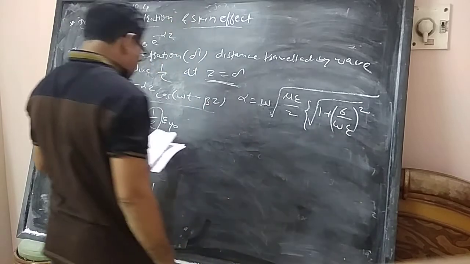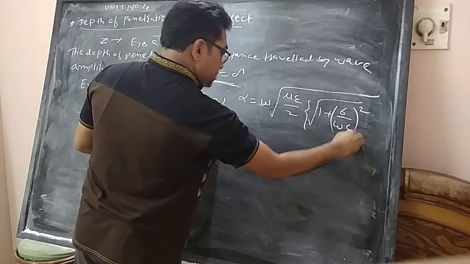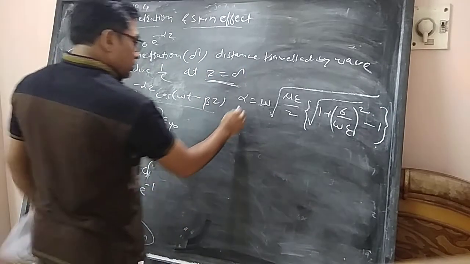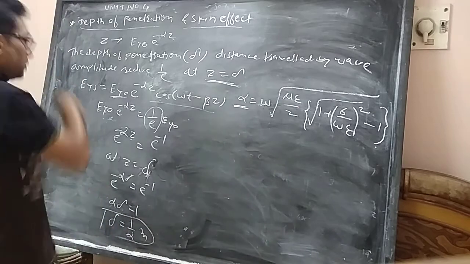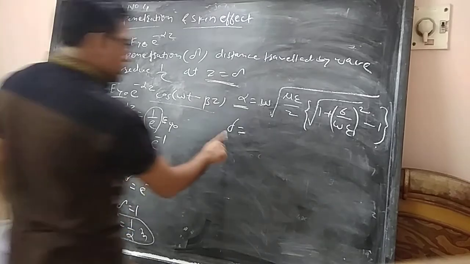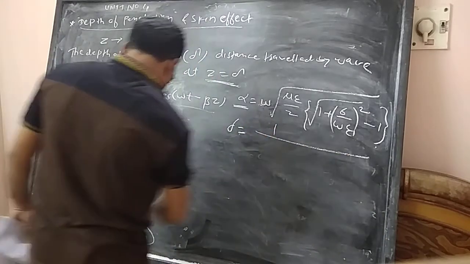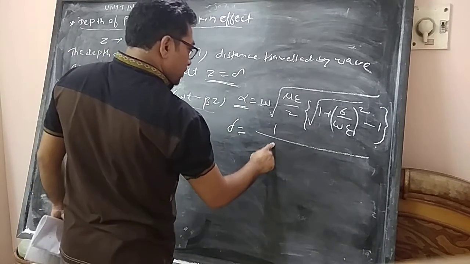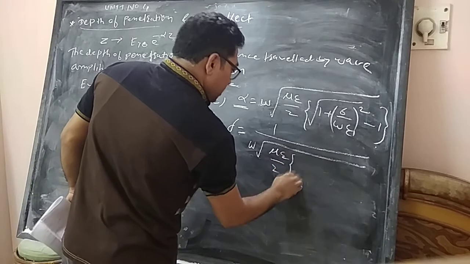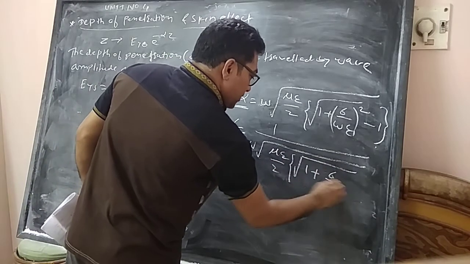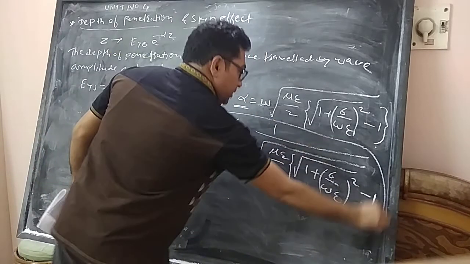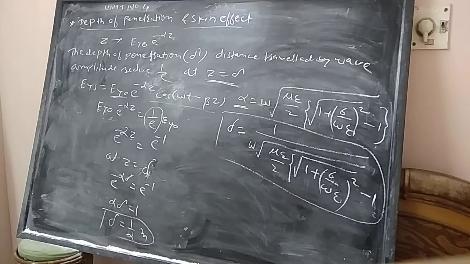Sigma divided by omega epsilon is nothing but the loss tangent, as I have already explained. So del is 1 divided by alpha. Putting alpha here, del equal to 1 divided by omega under root of mu epsilon by 2 in bracket under root of 1 plus (sigma divided by omega epsilon) square minus 1. So this is the formula to calculate the value of del.